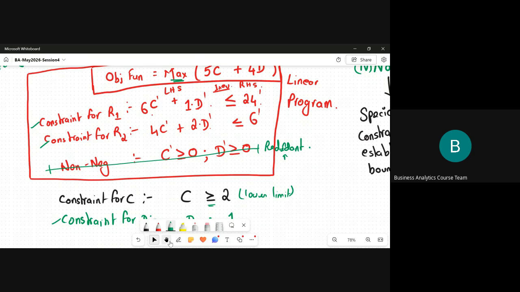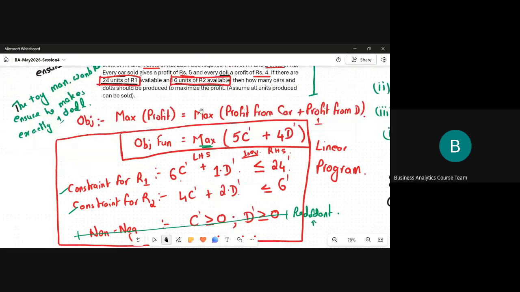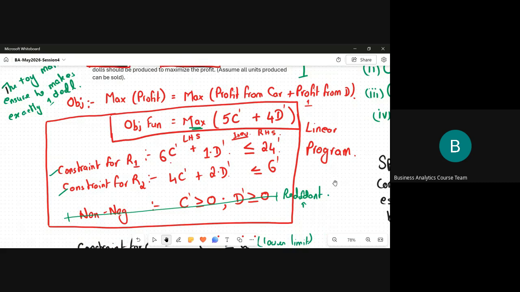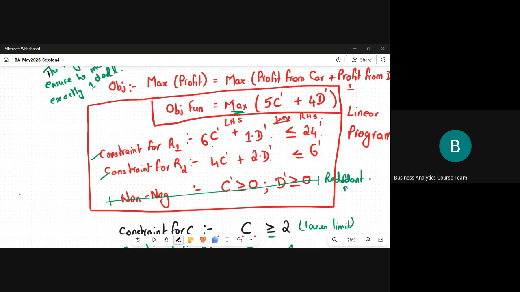Let's go back to the original problem. So to this original problem, the formulation that we wrote in red, this formulation is known as the primal LP formulation.